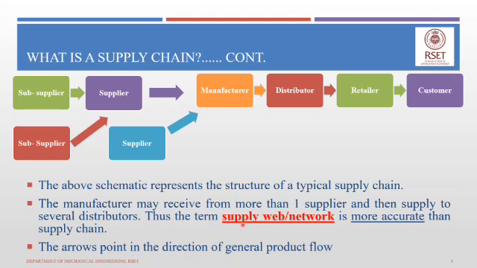Thus, the term supply network or supply web is more accurate than a supply chain. But it is in common usage that we use the term supply chain. It is not actually a chain but rather a supply network. That is why in the coming module we'll talk about design of supply networks, not supply chains. Okay, so this is a typical representation of a typical supply network.